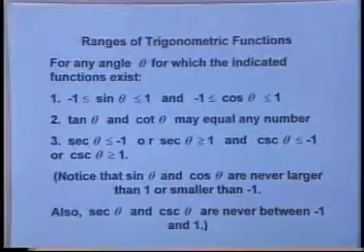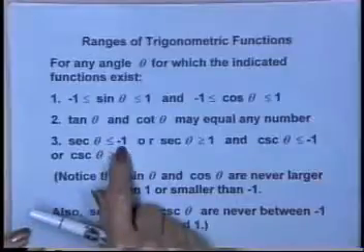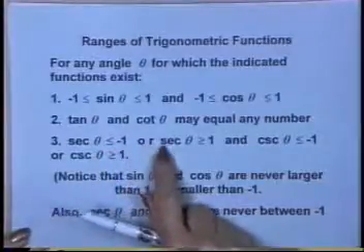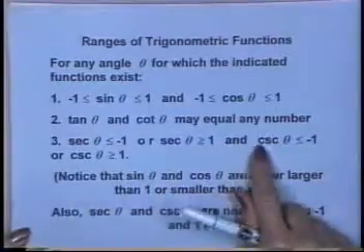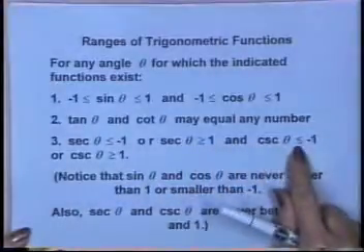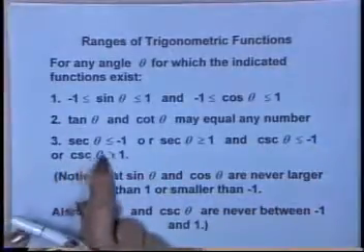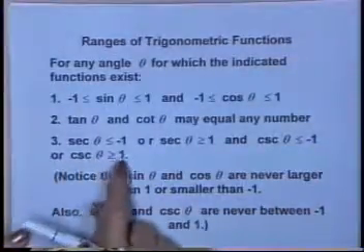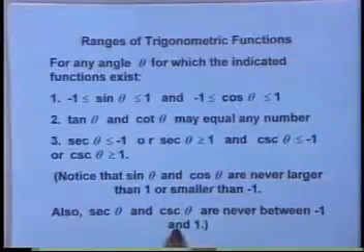On your secants and your cosecants, your secant of theta is less than or equal to negative 1, or the secant of theta is greater than or equal to 1, and your cosecant of theta is less than or equal to negative 1, or your cosecant of theta is greater than or equal to 1. These two notes are very important.